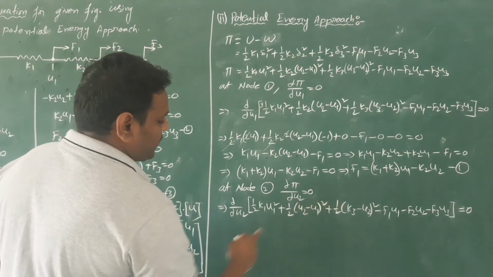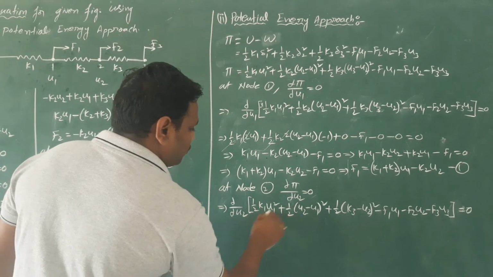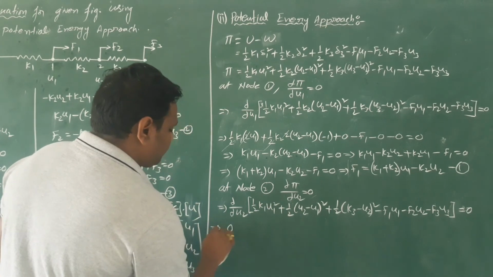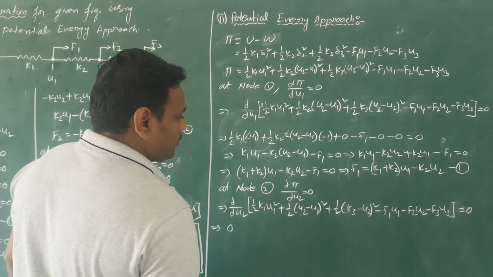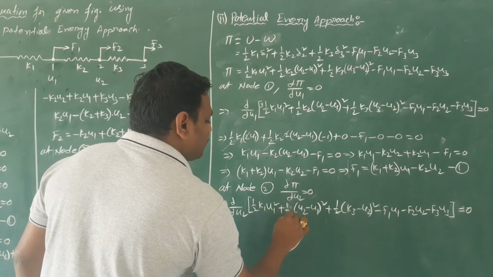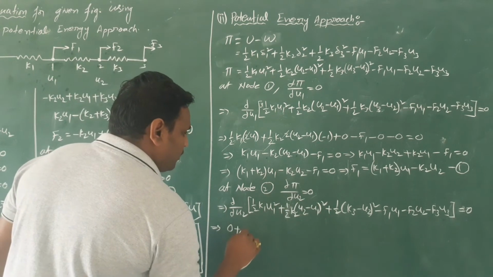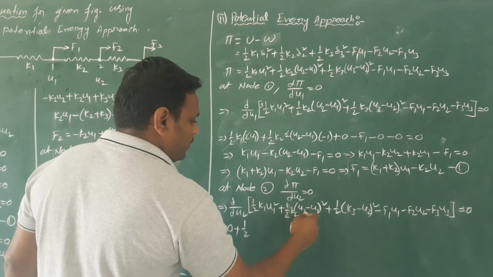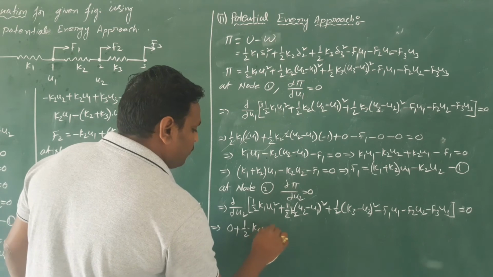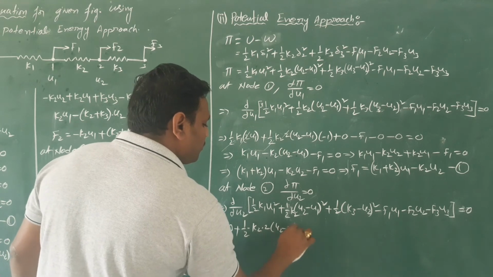Okay, after differentiation, here there is no U2 component, that's why this component is 0. Next, here U2 is there, so after differentiation it will become K2 into 2 into (U2 minus U1).